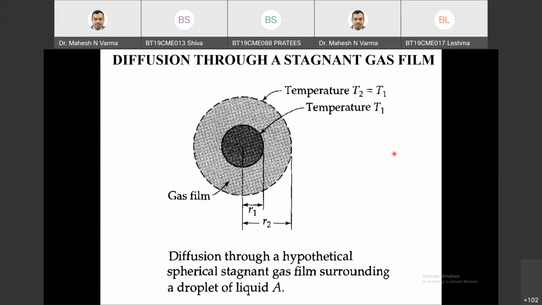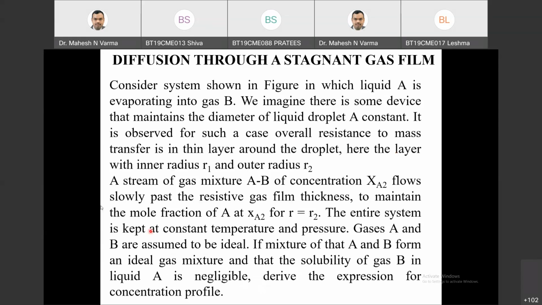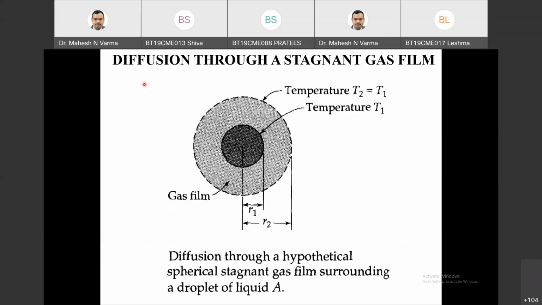Bulk of fluid means thereafter there will not be any change in concentration. Concentration remains the same. A stream of gas mixture AB has concentration XA2. It means that the concentration of A in the stream is XA2. So whatever gas is flowing here, in the bulk of the fluid, the concentration of A is XA2.